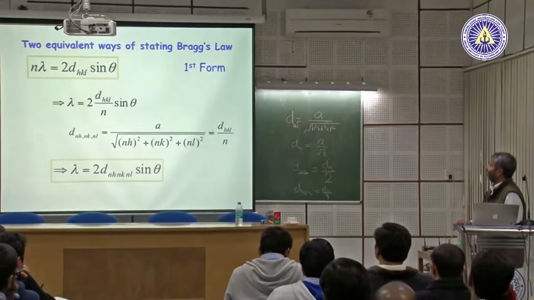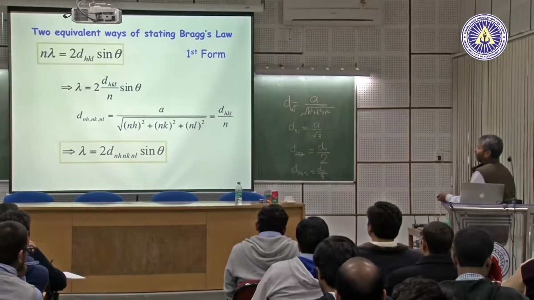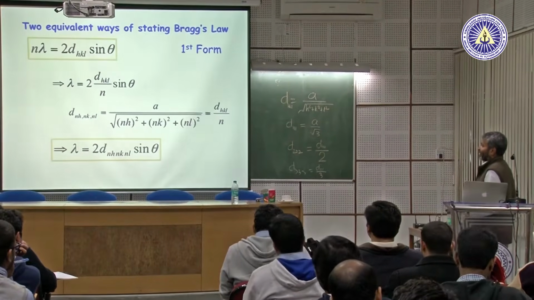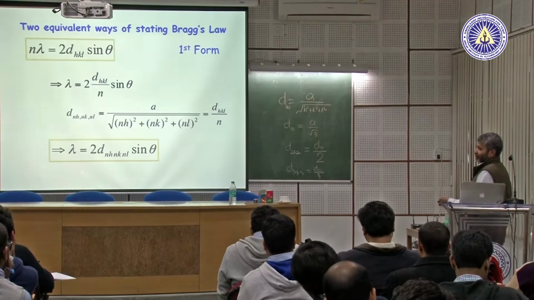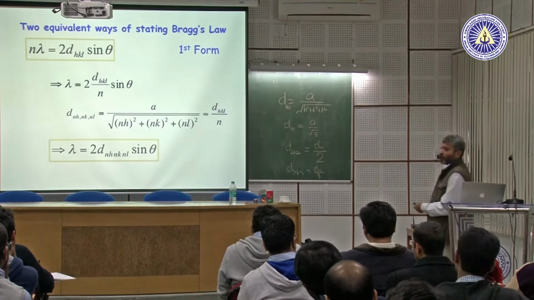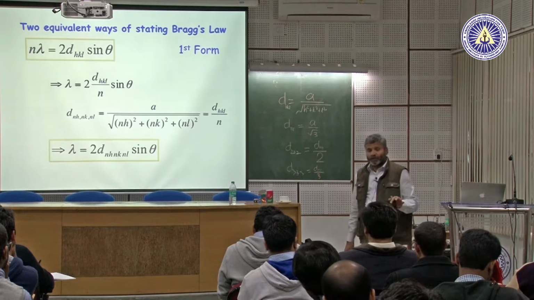Using this relationship, one can then write d HKL by n as d nh nk nl and write lambda is equal to 2d sin theta. n has disappeared. This disappearance of n causes enormous problem to beginning students.